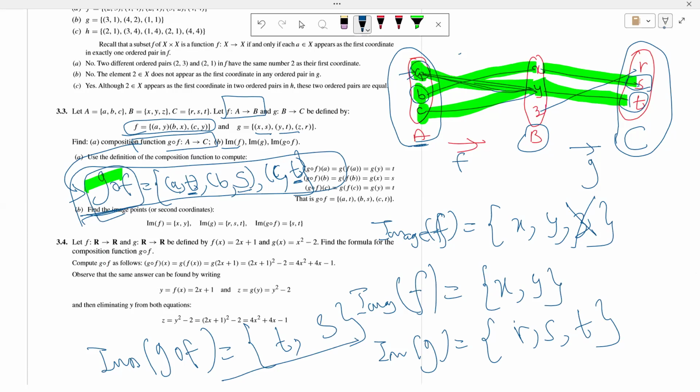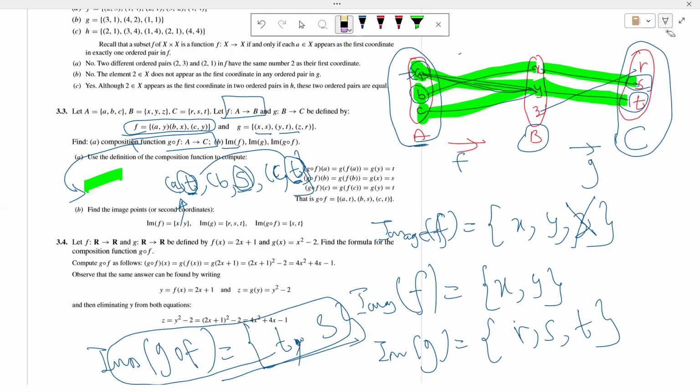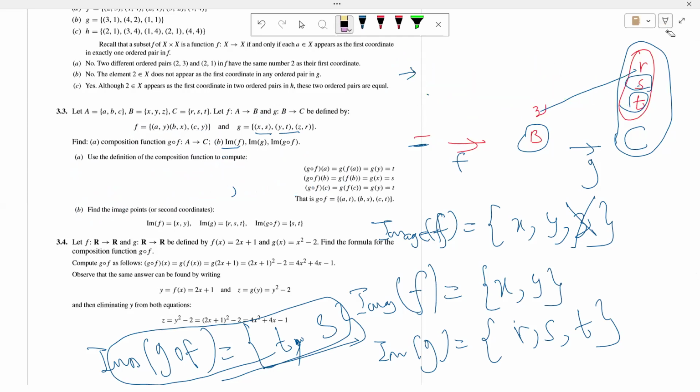We know we can define a function as a relation, so the second element is the codomain element. Here, the elements we have are T and S, right? T occurs two times, but we can put it only once. So T and S are the images of g of f. Any questions? This way we can answer this type of question, right?